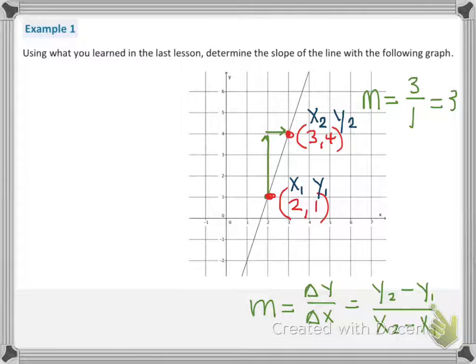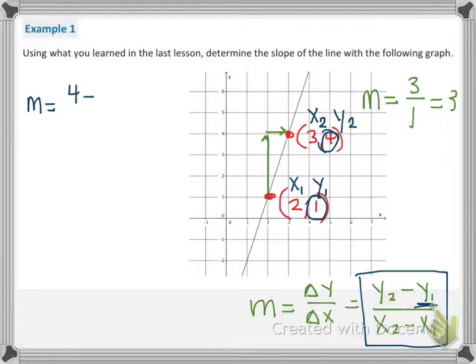All right. Well, now I just need to substitute. So I'm going to use this equation, slope equals, and I just need my y2, and that's a 4. So I'm going to substitute 4 for y2, and then subtract away y1. Well, my y1 is a 1. So 4 minus 1 goes on top. That's my change in y. And then I need a change in x.